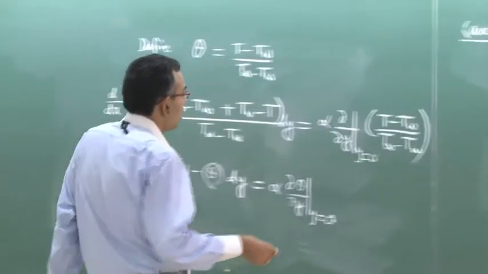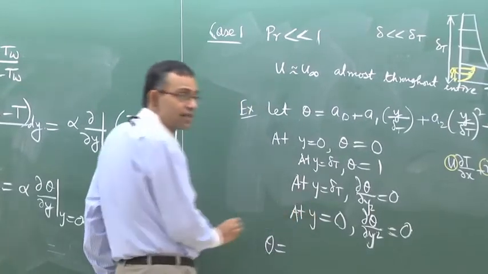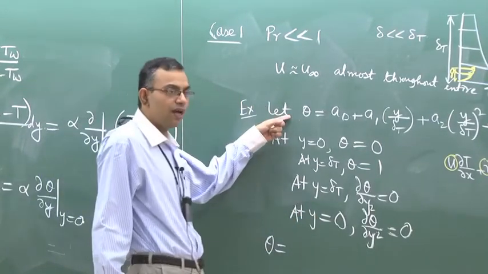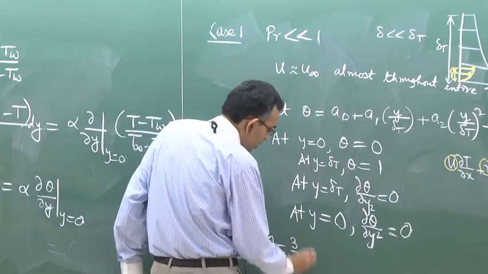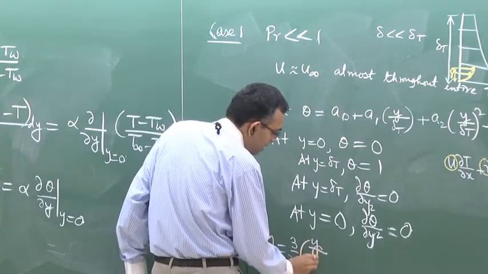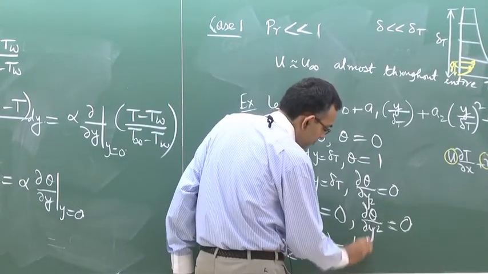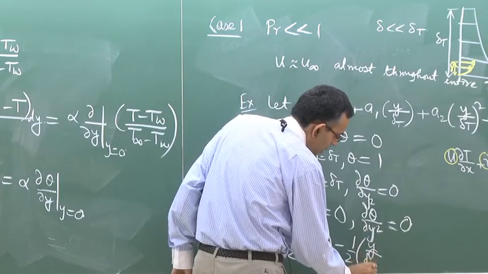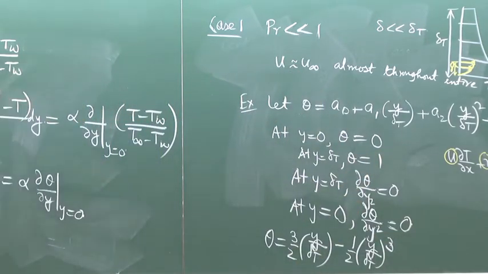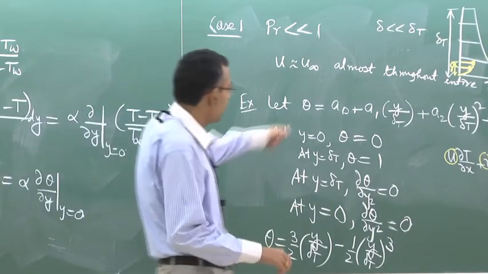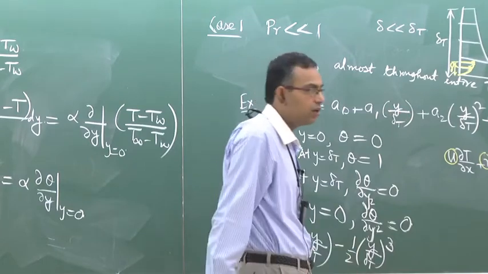So you will get theta is equal to, what was the velocity profile? 3 by 2, now instead of y by delta, it will be y by delta t for the temperature profile, minus half y by delta t whole cube. So if you work out this by substituting these conditions, you will find out exactly this.